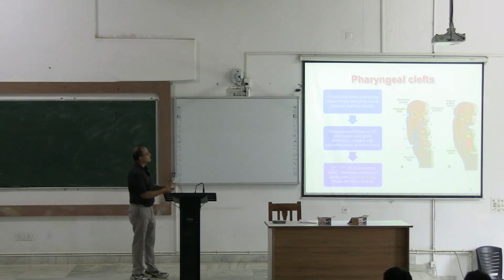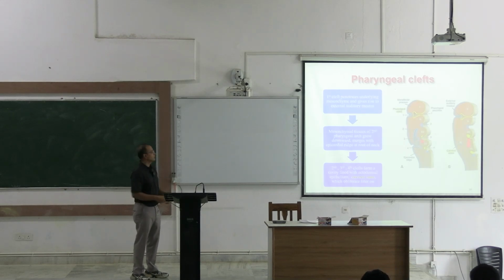Now the rest, clefts number 2, 3 and 4. The 3rd and 2nd overgrow, forming a bigger structure, join with each other and try to meet the 4th one. The 4th ridge, which is pharyngeal cleft number 4, goes up and meets this fused 2nd and 3rd pharyngeal cleft, and eventually they close up.